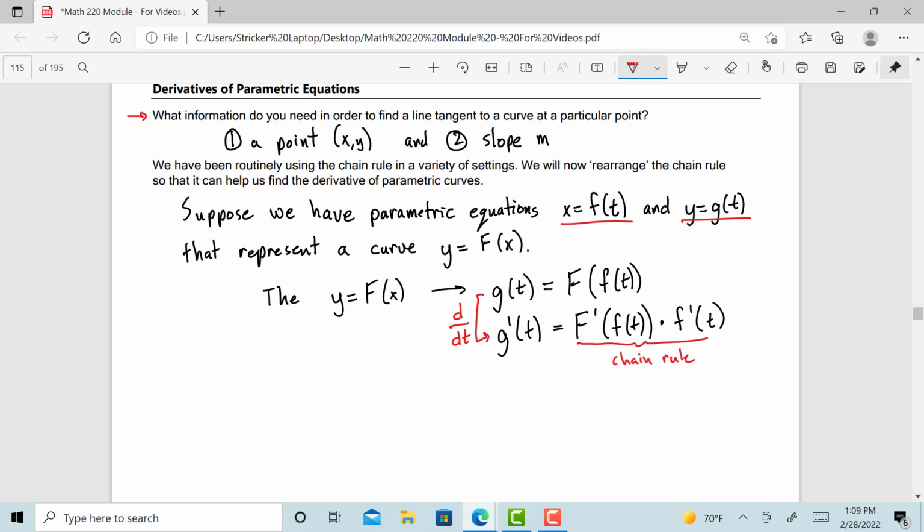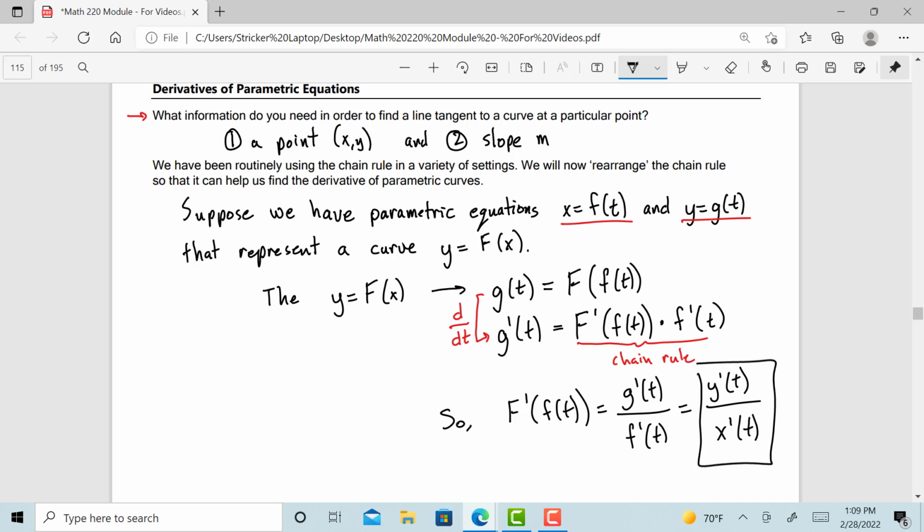Now that we've done that, we can rearrange, because we can see that F prime of f of t is equal to g prime of t over f prime of t. Of course, g was y and f was x, so we could also call this y prime of t over x prime of t.